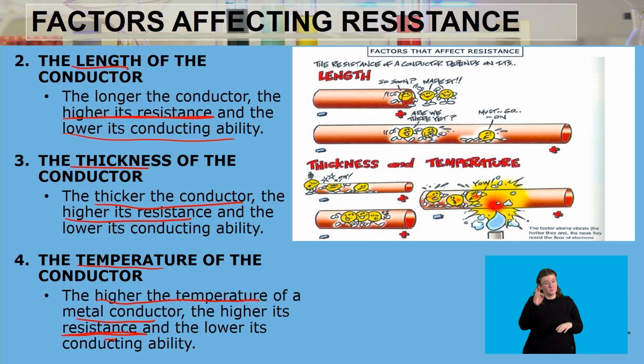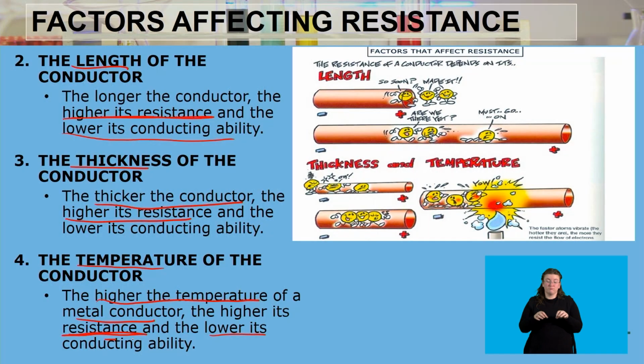And remember, the higher resistance means there's a lot of resistance between the flow of current and the conductor, and because of that, more heat is going to be generated, and once you generate more heat, you are going to lose heat, and you're not going to get the amount of energy that you wanted initially. And because of that, that lowers that conductor's conducting ability.